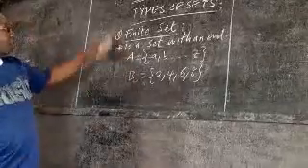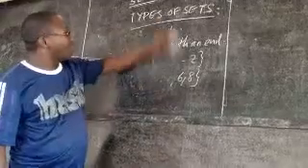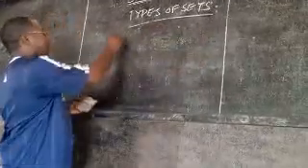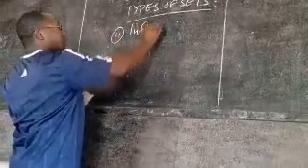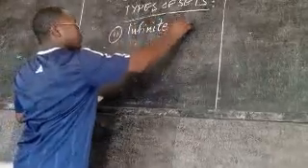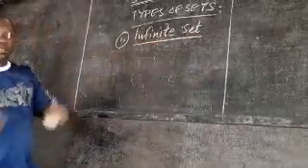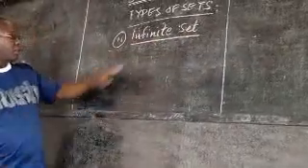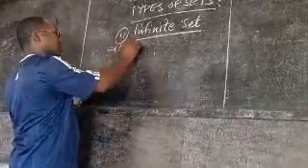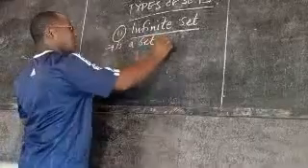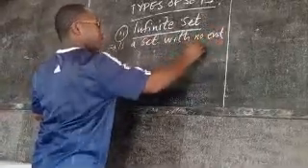After seeing this type of set, let's see another type of set, which is known as an infinite set. When you say infinite, it means something with no end. An infinite set is a set with no end.